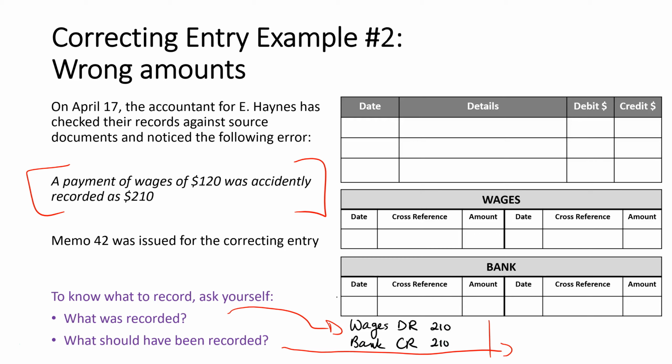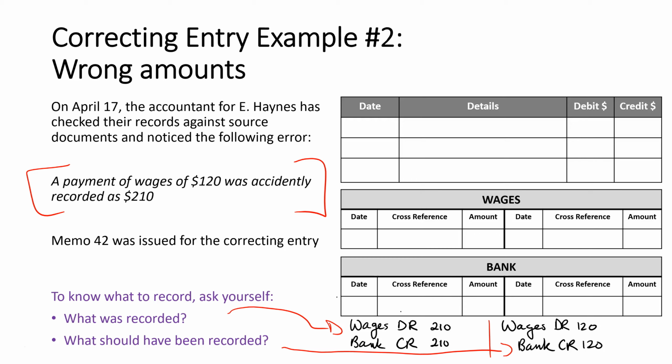What should have been recorded was wages should have been debited only $120 and bank should have only been credited $120.